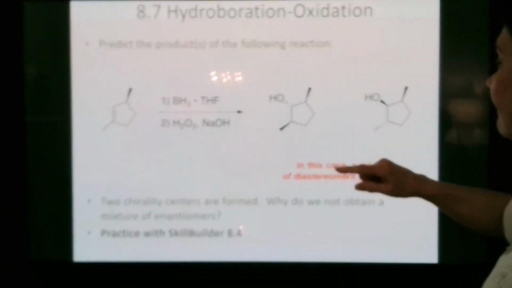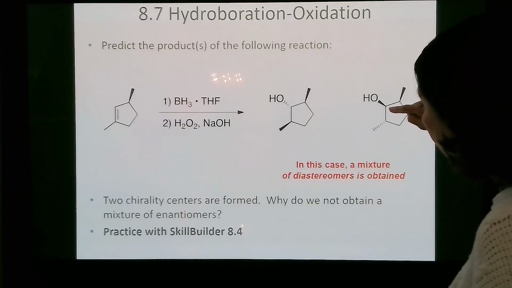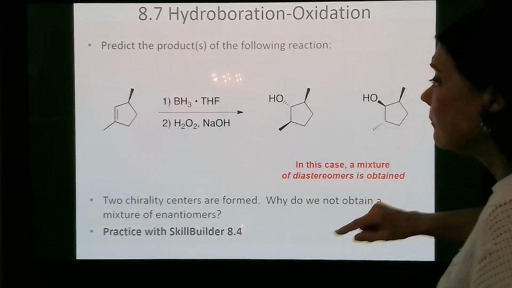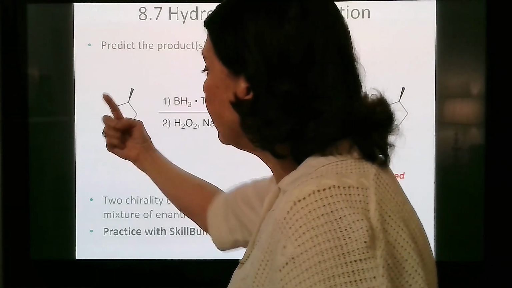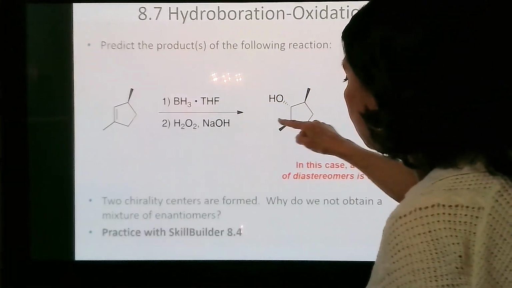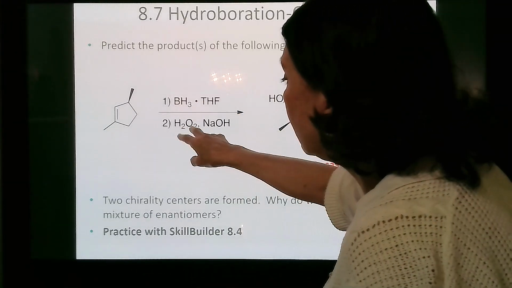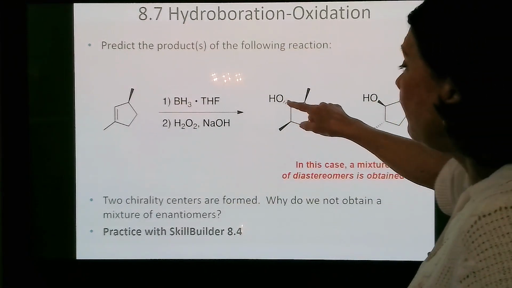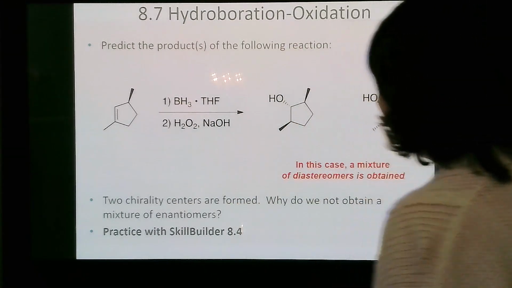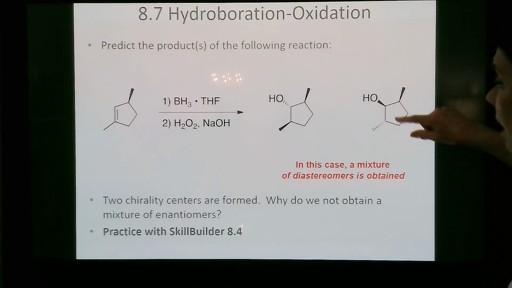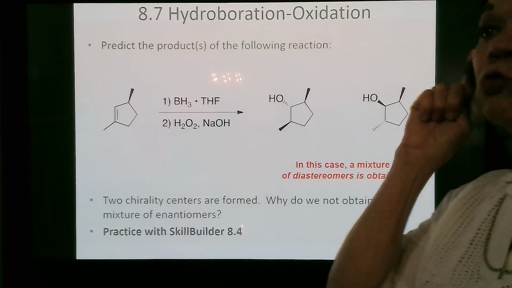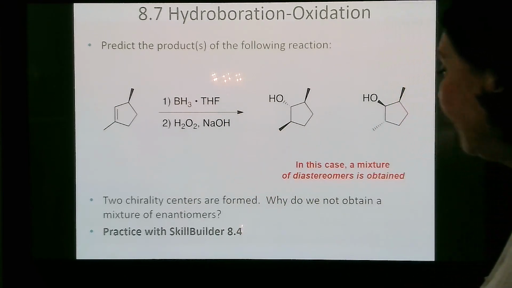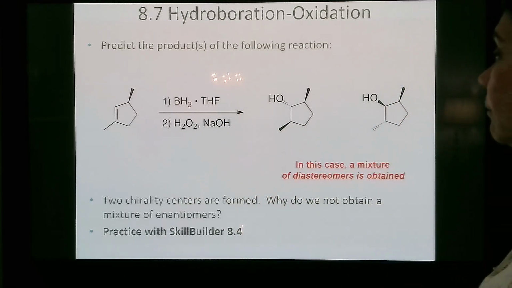And so if it comes from the front, the boron and hydrogen are going to be on this side of the molecule. If it comes from the back, boron and hydrogen will be on the other side, and then by the hydrogen peroxide and sodium hydroxide, boron will be replaced with oxygen. So here boron is replaced with oxygen. And stereochemistry is retained when the boron is replaced by oxygen. And that is a really remarkable finding.